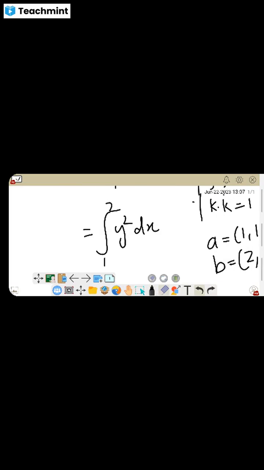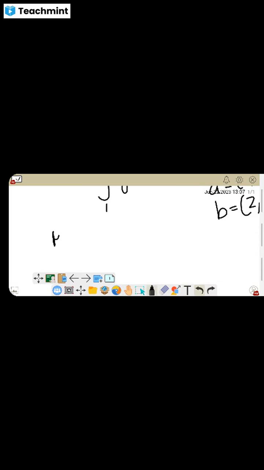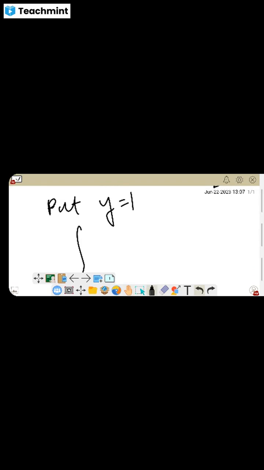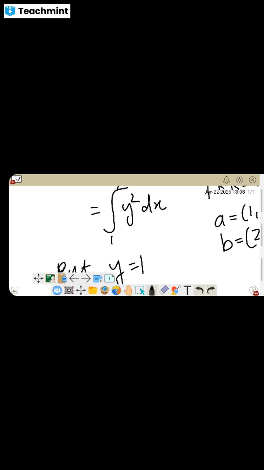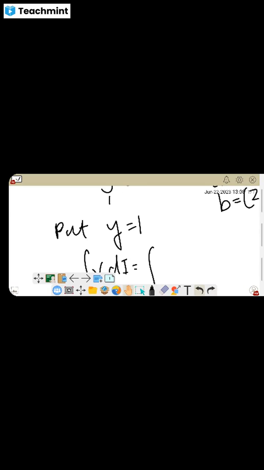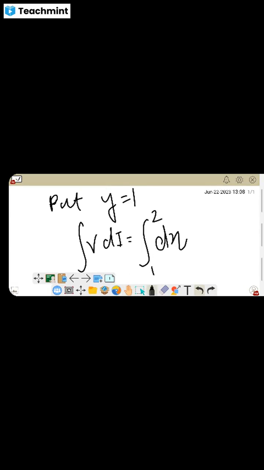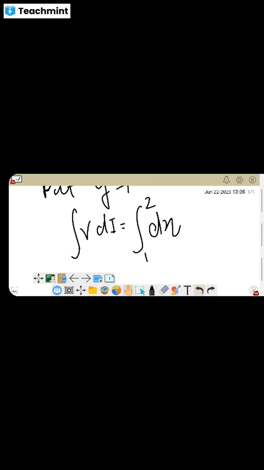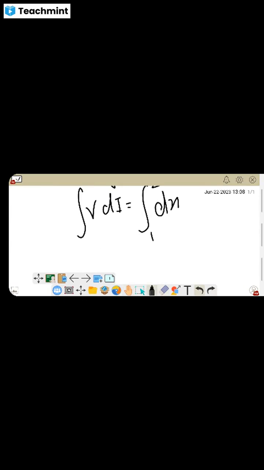Put y equal to 1. Then the integration of v dot dl is equal to the integration of 1 square, so we can write it as 1 to 2 dx only.